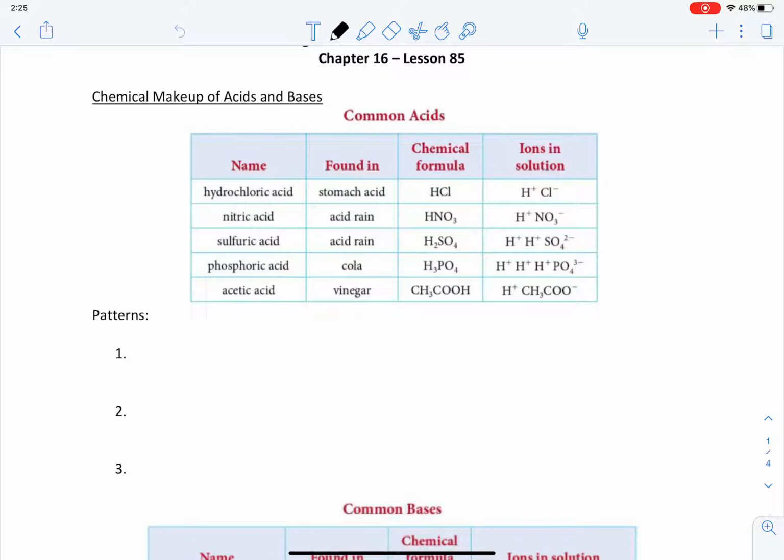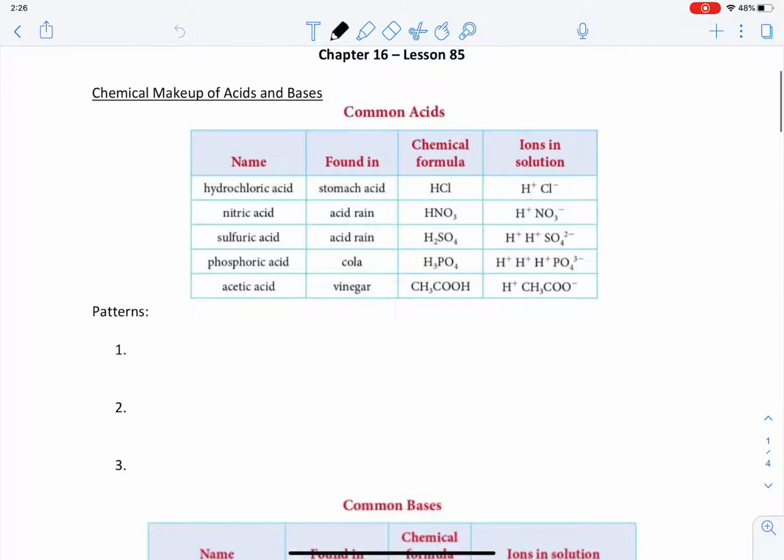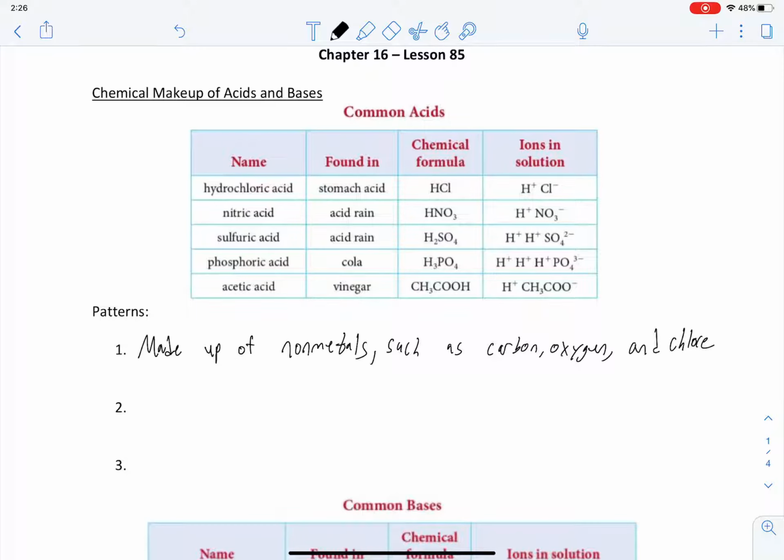Again, this is based off the last video, but we can look at how all acids are made up of nonmetals. That's making up the majority of these substances. This includes carbon, oxygen, and chlorine, just to name a few. And those are all forming covalent compounds, right?